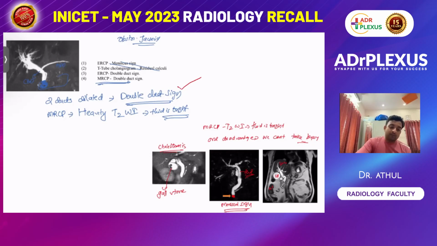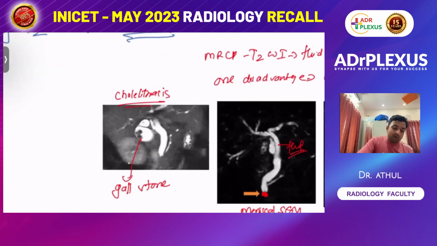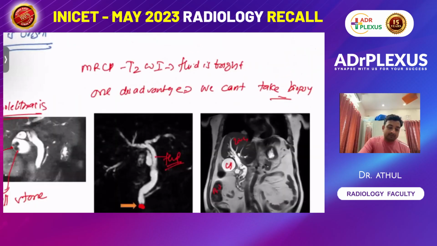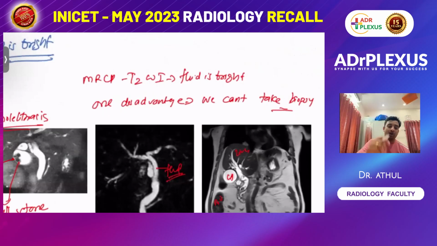If it is cholelithiasis, we will be able to see the stone within the gallbladder. Here we are able to see multiple stones within the gallbladder, but the common bile duct will be normally seen. Sometimes when there is an obstructing calculus at the distal end of the common bile duct resulting in dilatation of the common bile duct, we will get a sign known as the meniscus sign, because the stone will not be seen.